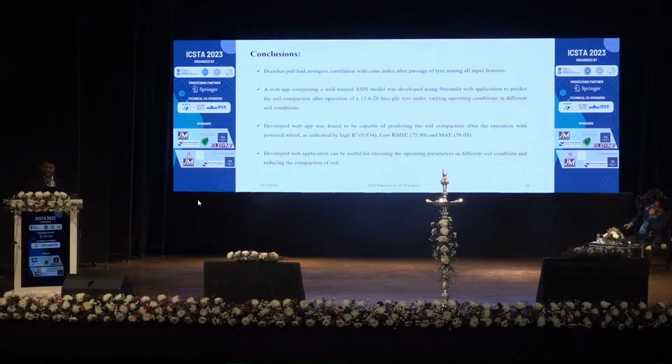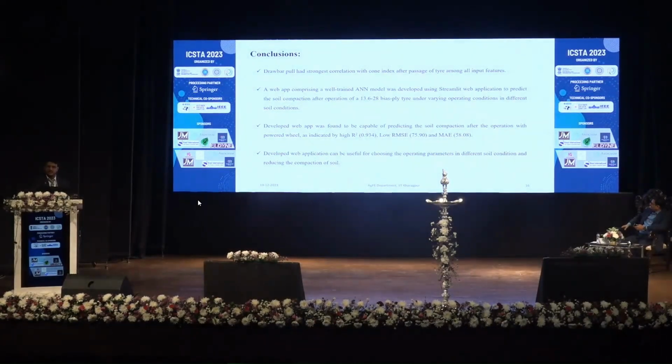And this ANN model with 5-8-6-1 architecture was used for estimating the soil compaction of the 13.6-28 tire in different operating conditions and different soil conditions. The model had the highest correlation coefficient of 0.934, and the developed web app can be used for choosing the operating parameters in different soil conditions and can be used to reduce the soil compaction.